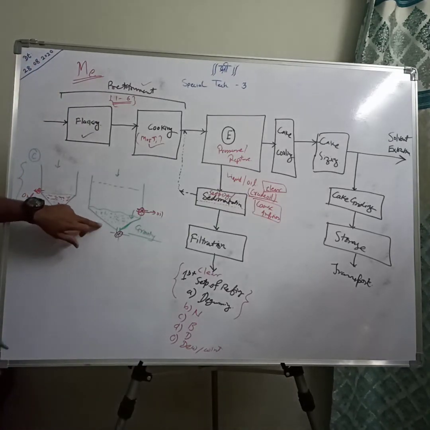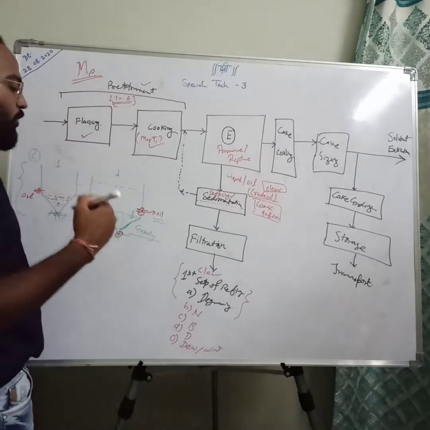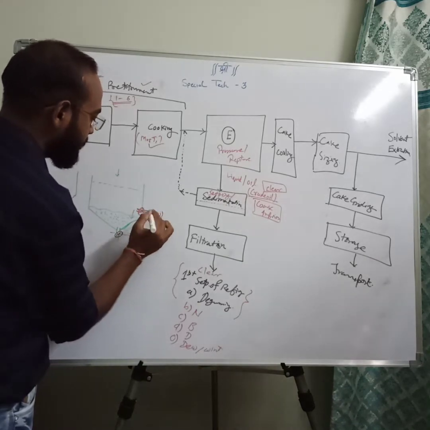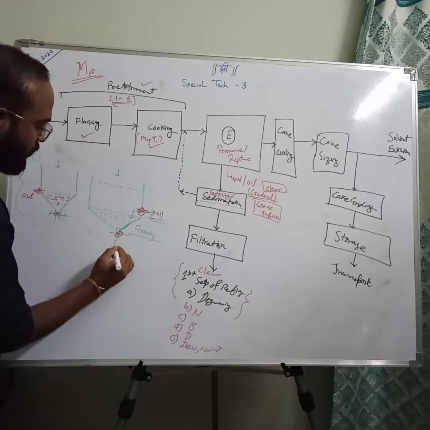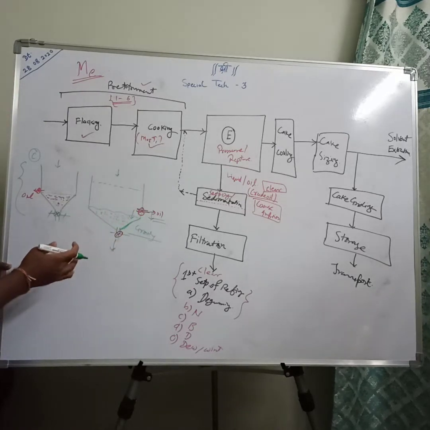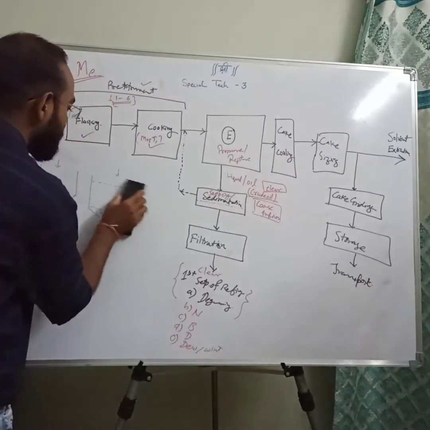Initially the clear oil, or the oil with solid impurities removed, is separated out from here. After that this valve is opened to remove all the solid impurities, and again the vessel is ready for the next batch after washing. This type of sedimentation is there.